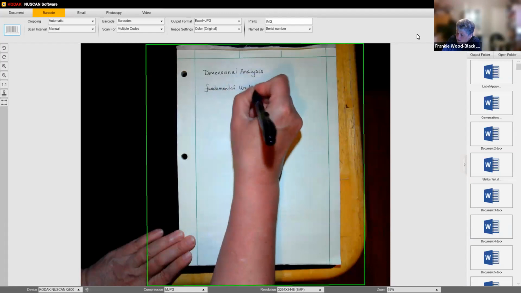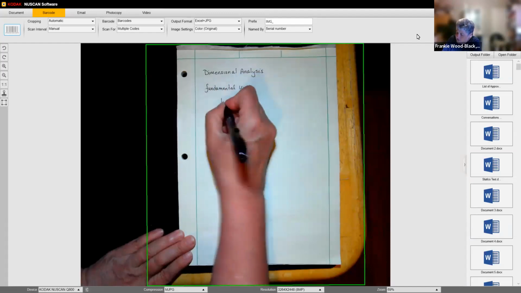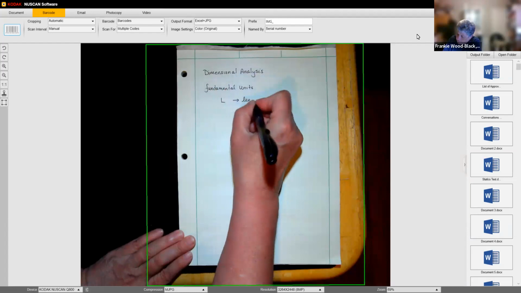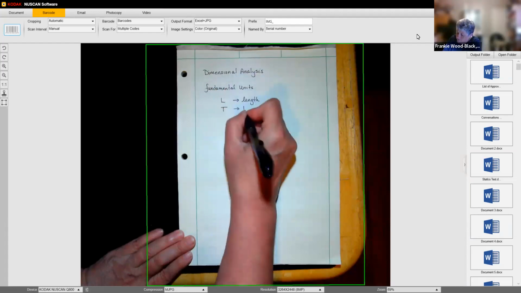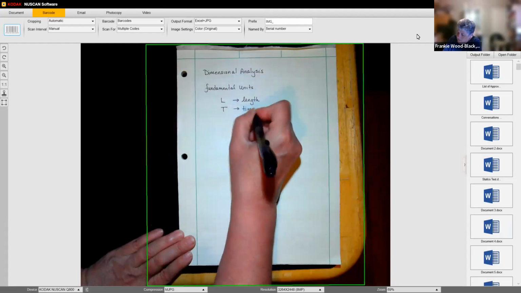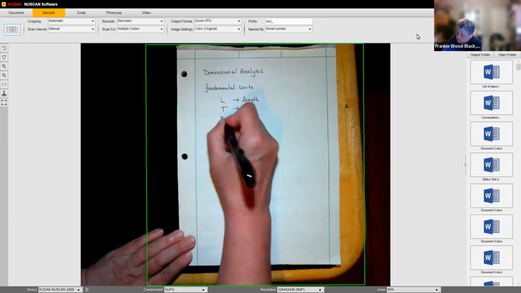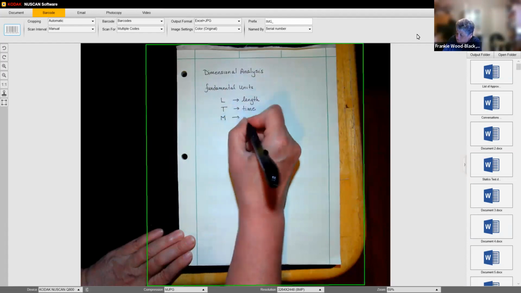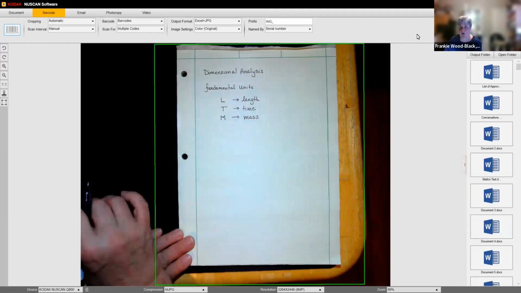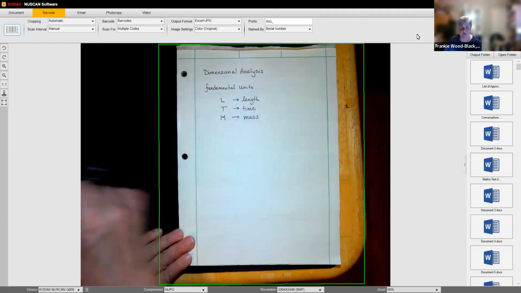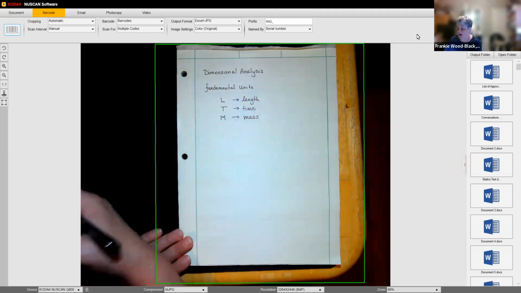So we have fundamental units of length, time, mass, and there are others, but for General Physics 1, we're going to do mostly length, time, and mass.